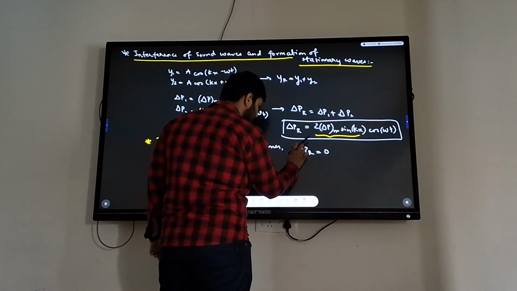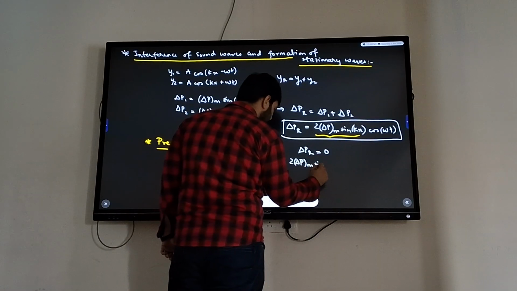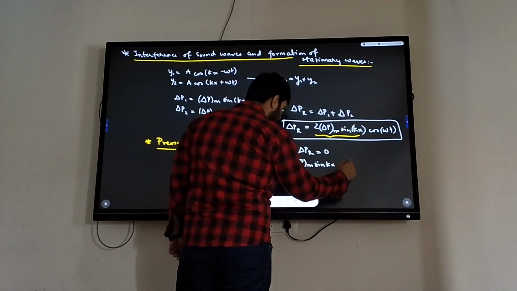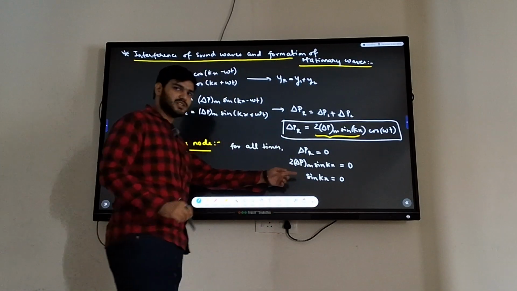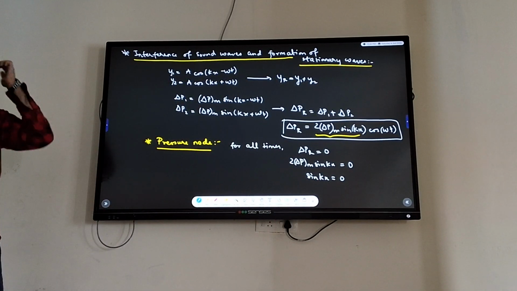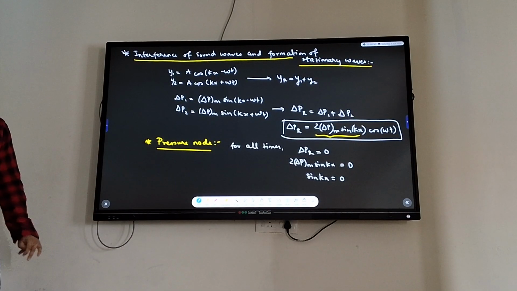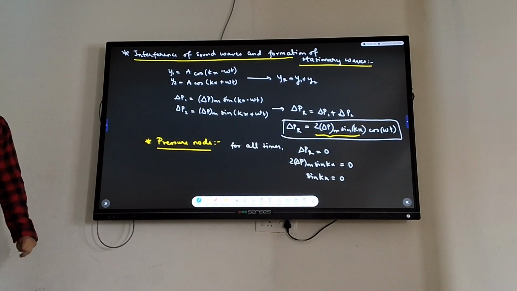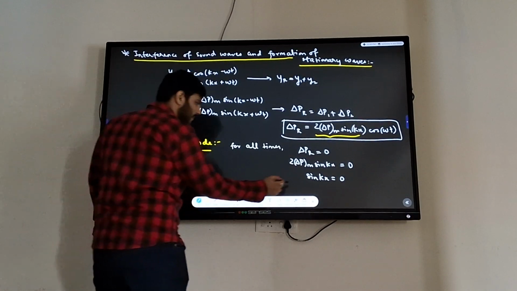delta P resultant will be equal to 0. That means 2 delta P max sine kx will be equal to 0. That means sine kx equals 0. And then what is the condition on kx? In general, tell me what is the condition on kx? It should be equal to n pi.